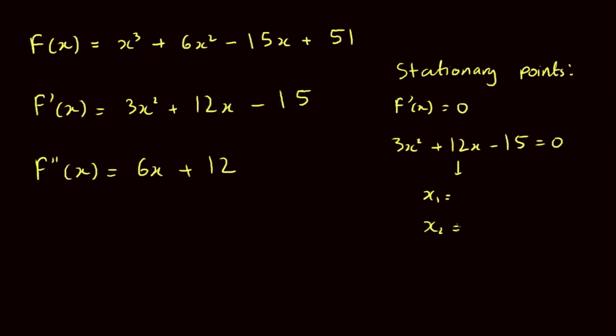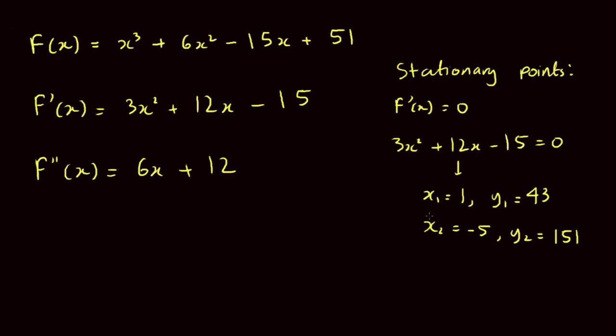We get two points. x1 is 1, and y1 must be something else, which we'll find in a while, and x2 is negative 5, and y2 is what in this case. y1 is 43, and y2 would be 151.